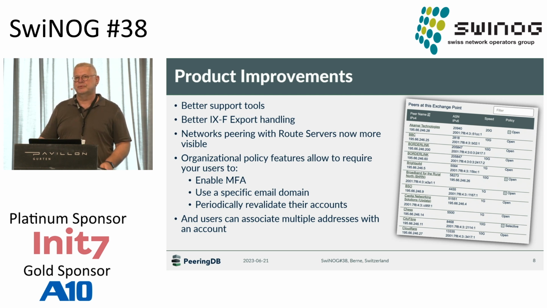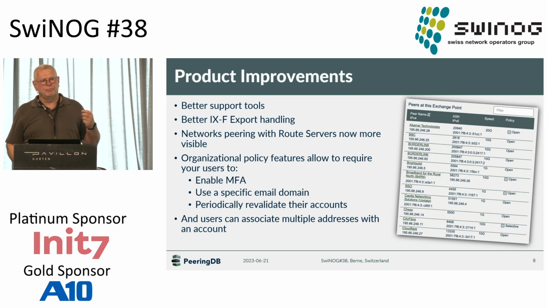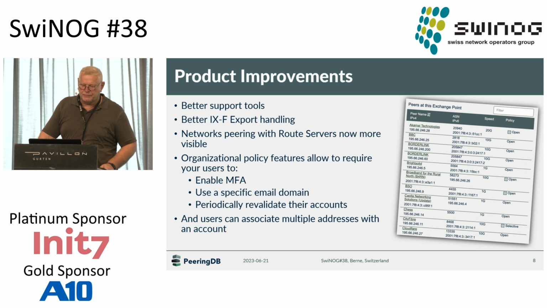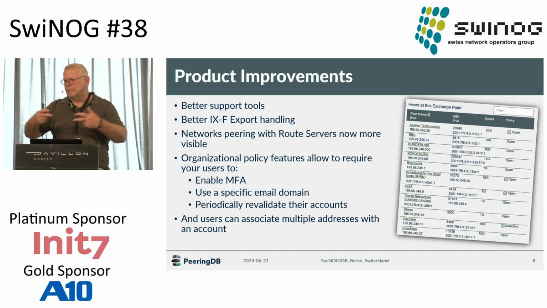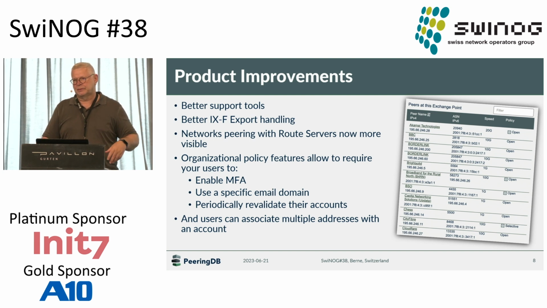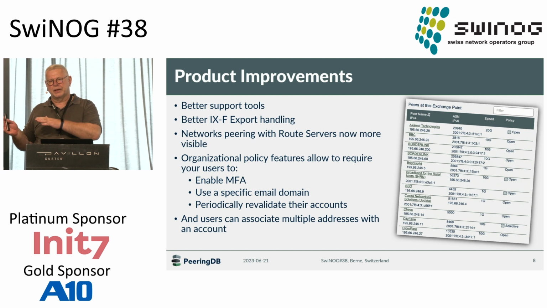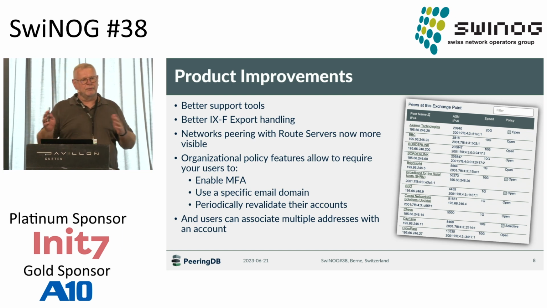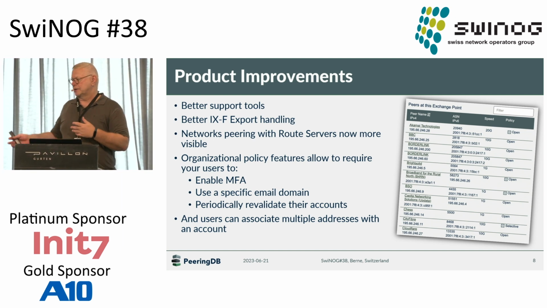What we also do is we pull information from the IXPs, these so-called IXF JSONs, to match this information against what the networks put in. So earlier I said that all the information is user maintained, but for example, your connection to an internet exchange point, of course, the IXP also has a view on that.